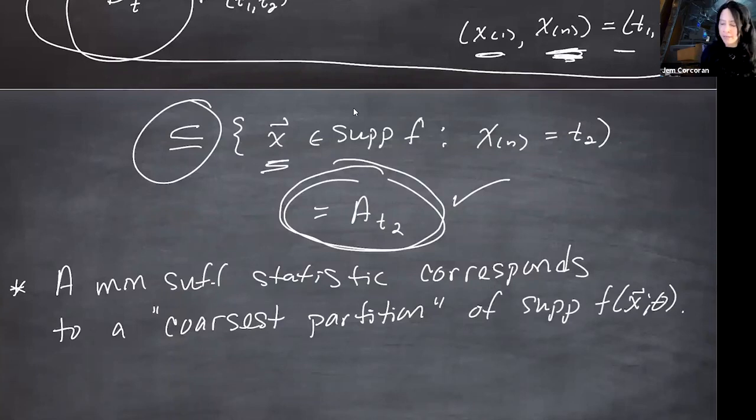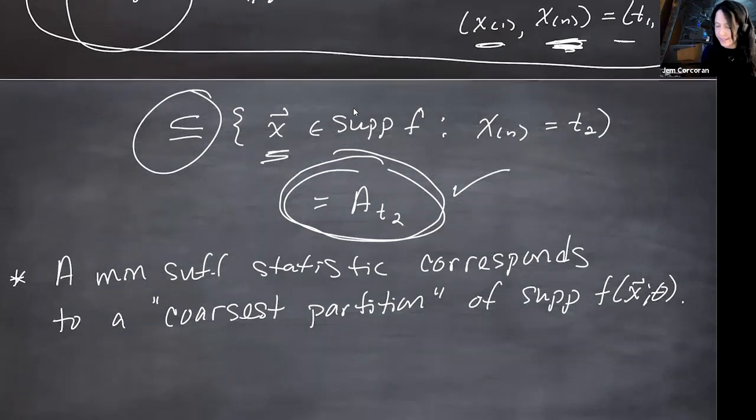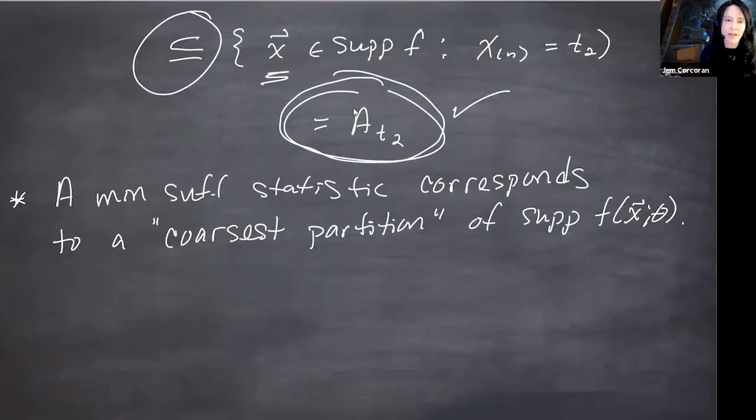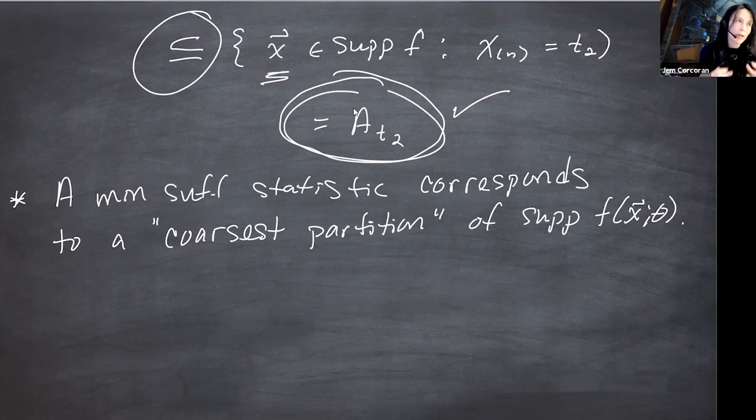And the reason I bring this up right now, I don't usually talk about this because we've got other things we can do that I think would be more fun. But the easiest way I know to prove that ratio theorem uses this support structure, this support characterization of a minimal sufficient statistic.